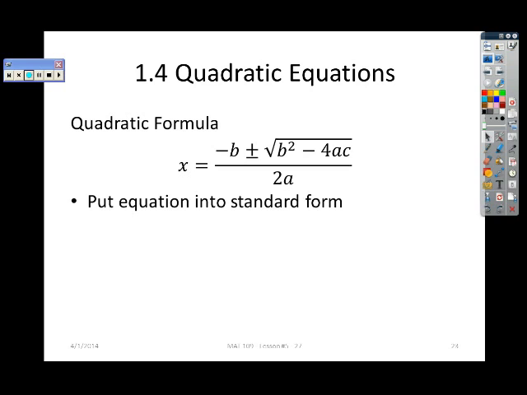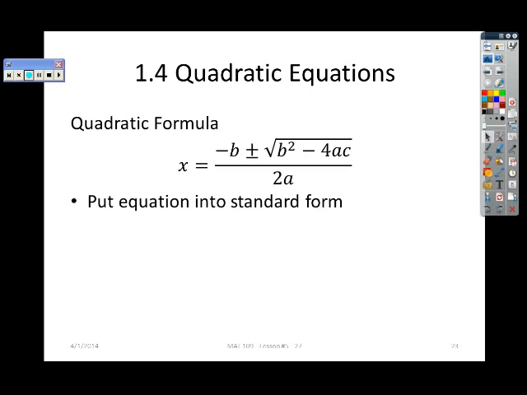One exception would be if it's already in square root property form. If it's already a perfect square, just go ahead and take the square root. Otherwise, put it in standard form. That's whether you're factoring, completing the square, or using the quadratic formula. Put it in standard form to start with.